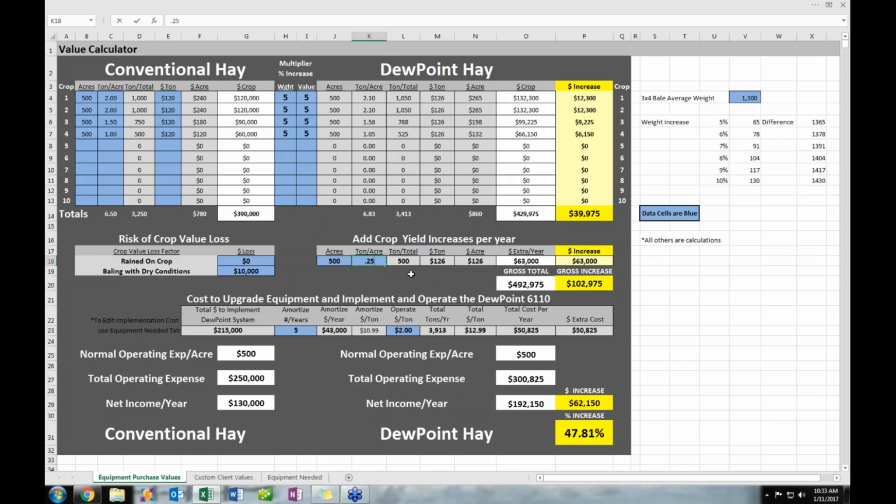A quarter of a ton, which is about an extra inch to 2 inches of growth on the crop, is very realistic. And people who have steamers will tell you all the time, we used to never cut our fourth cutting because it was always too short.